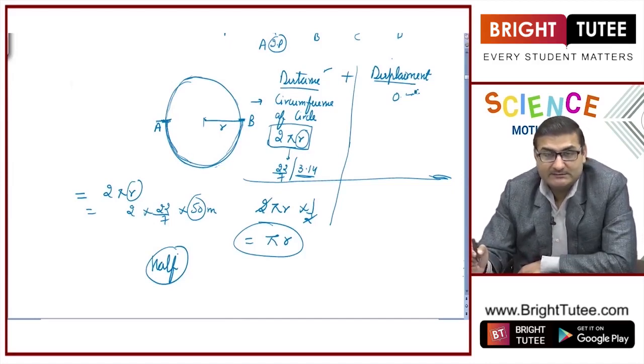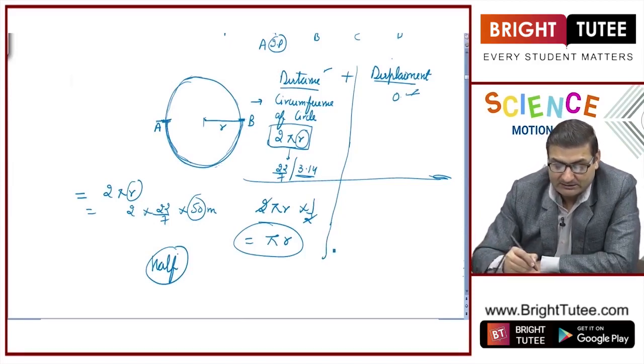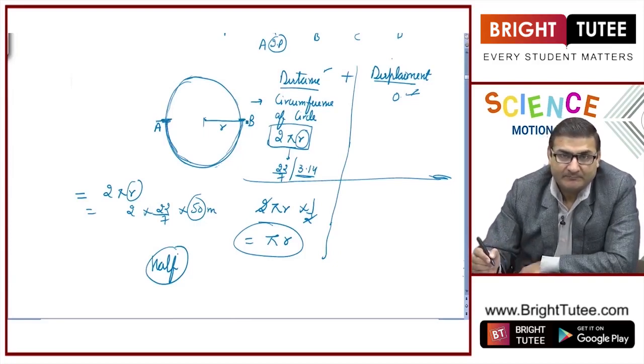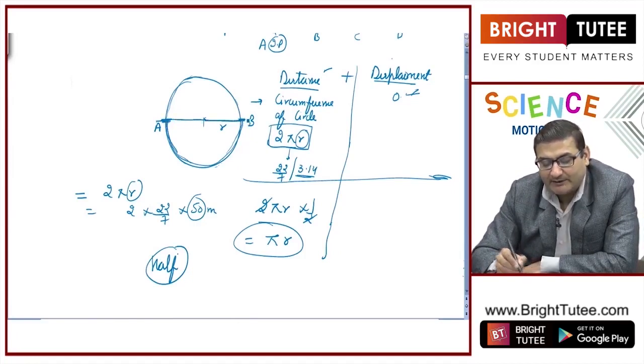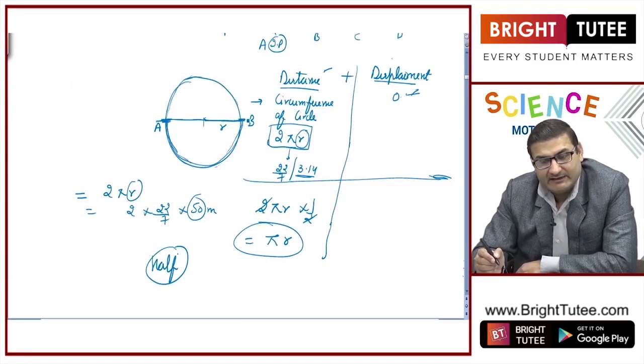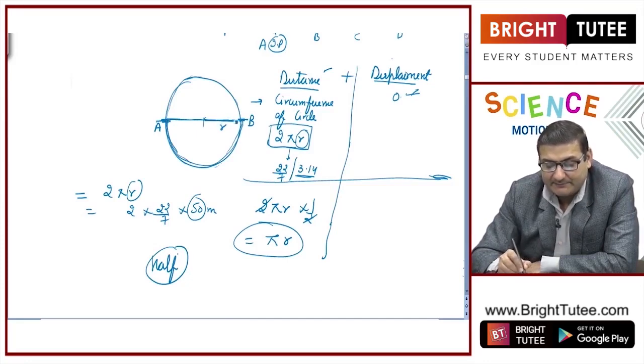What about the displacement now? Will it be 0? No, not in this case. Why not in this case? Because now we have got point A and point B. Displacement is the shortest distance between point A and point B, which I can relate to be this perpendicular distance, and if I relate, this is the diameter or radius.